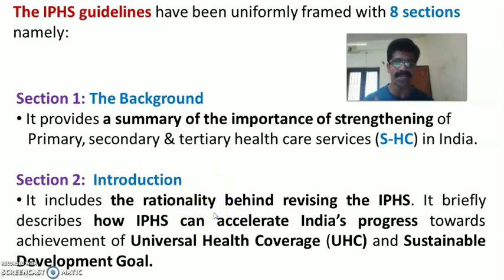What is the reason behind revising this IPHS from 2012 to 2022? Okay, why it is revised, and it also explains how IPHS can accelerate India's progress in rendering healthcare services, thus achieving universal health coverage, that is UHC, and the sustainable development goals. Okay, that is what is mentioned under introduction section 2.